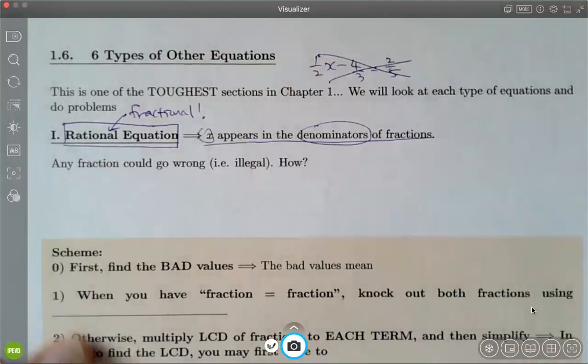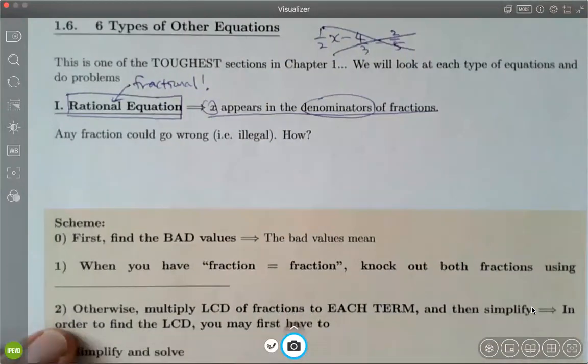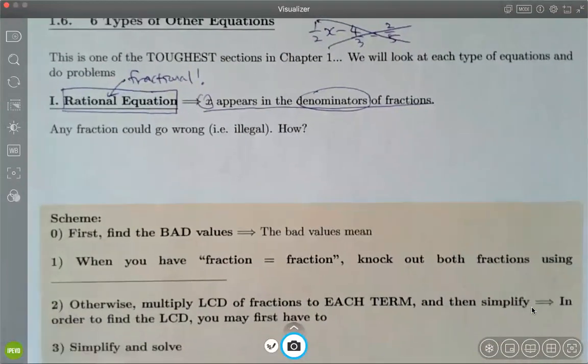Okay, before we go any further, let's look at this next remark. Any fraction can go illegal. Illegal means wrong, and it's not good, basically. There is one case where any fraction can go wrong. What is that case?